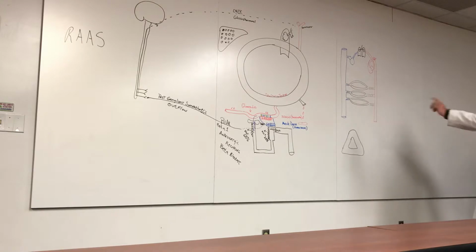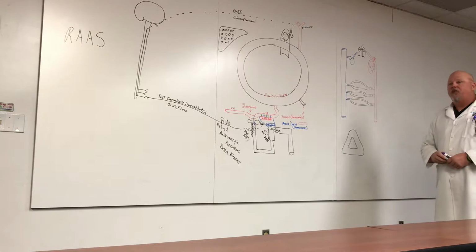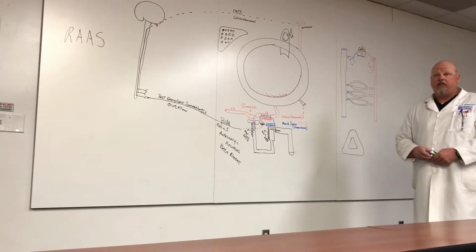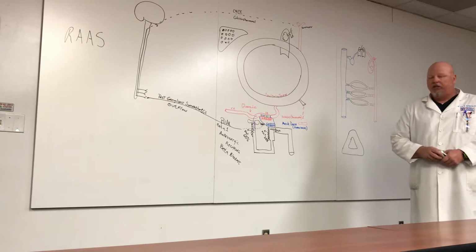Now, where it's sending it to has 3 different inputs, right? It has the pressure baroreceptor, it has the chemosensor, and it has the beta 1 receptors, okay? That's neurological input.